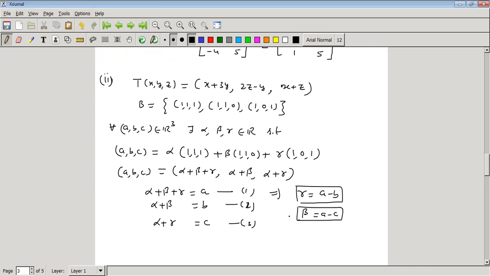Now, if you put beta equal to a minus c in the second equation, then we get alpha. So alpha is equal to b minus a plus c, or we can write alpha equal to minus a plus b plus c.